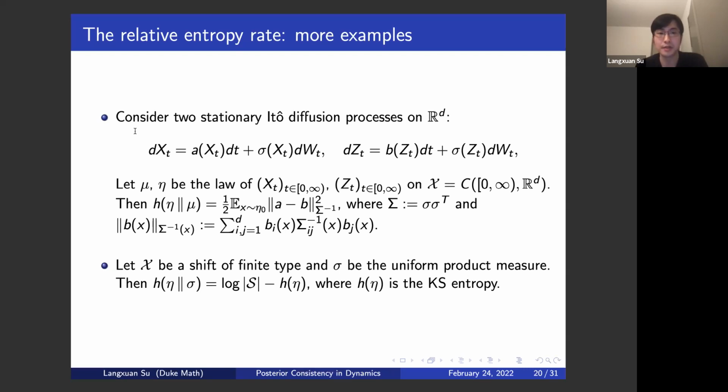If you consider diffusions, like stationary Ito diffusions x and z, and you want to study the relative entropy rate between these two on the path space, then if mu and eta are the laws of these two processes on path space, the relative entropy rate is given by 1/2 of the expectation of some matrix norm of A minus B squared, where A and B are the drifts.